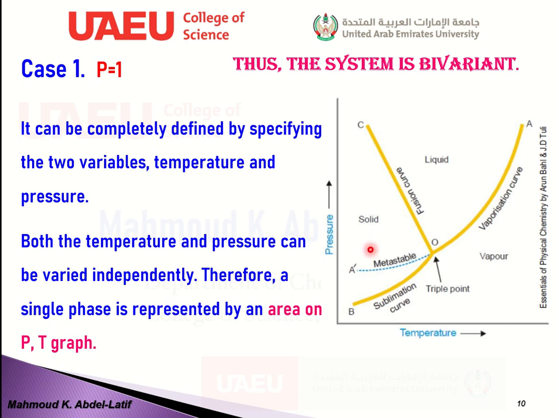Also here, you can go from here to here, and you still have solid. From here to here, you still have vapor. So here, the temperature and the pressure can be varied independently. So you have a single phase in any area which I showed you.